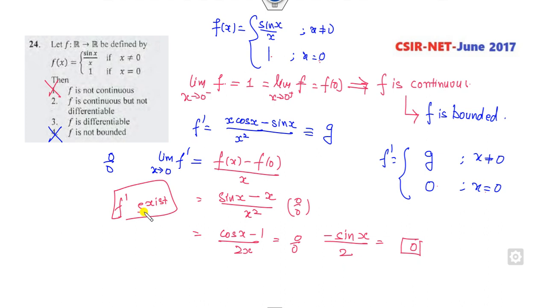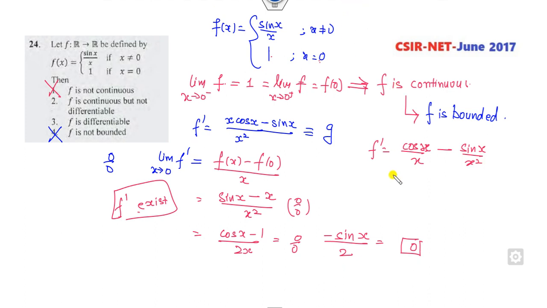Now once f dash exists, can you say it's a differentiable function? Now you can check here. What is the f dash for all x? If you take the derivative of this, it is cos x over x minus sin x over x square.